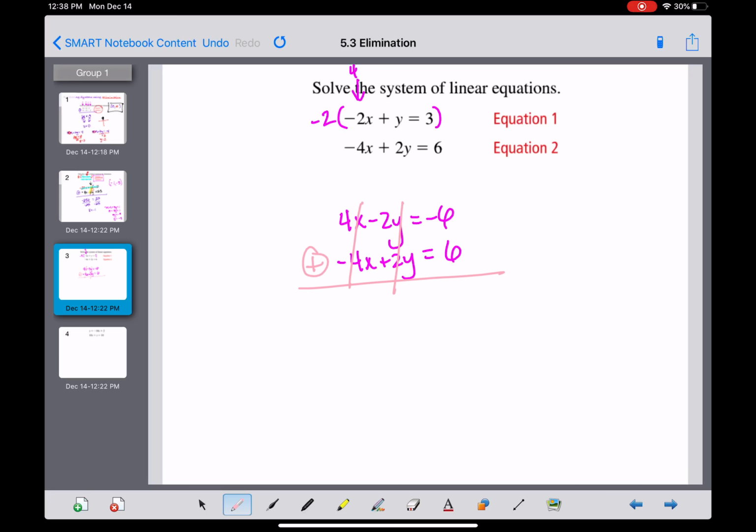When I add negative 6 and positive 6 together, my constants also get canceled. I can't have blank sides though. So the right-hand side and the left-hand side are both going to be 0. Is 0 equal to 0? Yes, this is a true statement. Therefore, my answer is all real numbers or infinitely many solutions, because I am dealing with the same exact line on a graph.